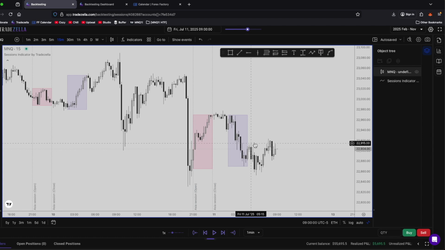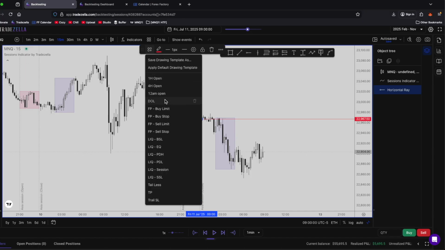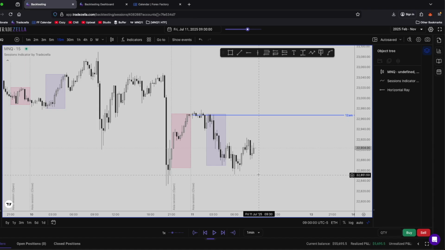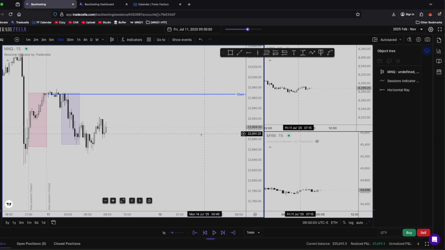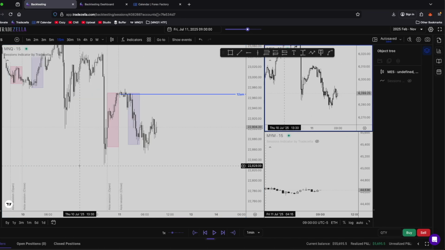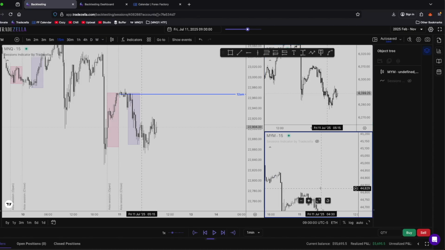Oh, interesting. So Asia and London kind of equal. 12 a.m. is above, so that's a bullish signature. Let's just take a quick look at these lows. The computer's a little slow.